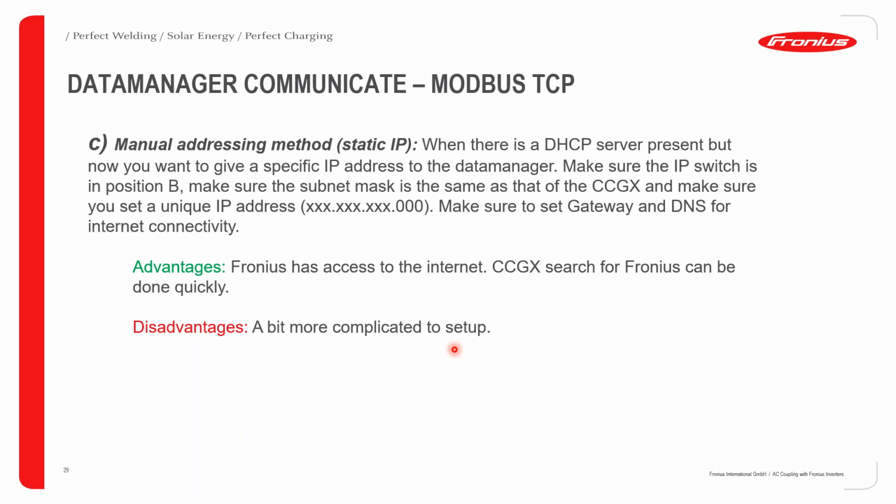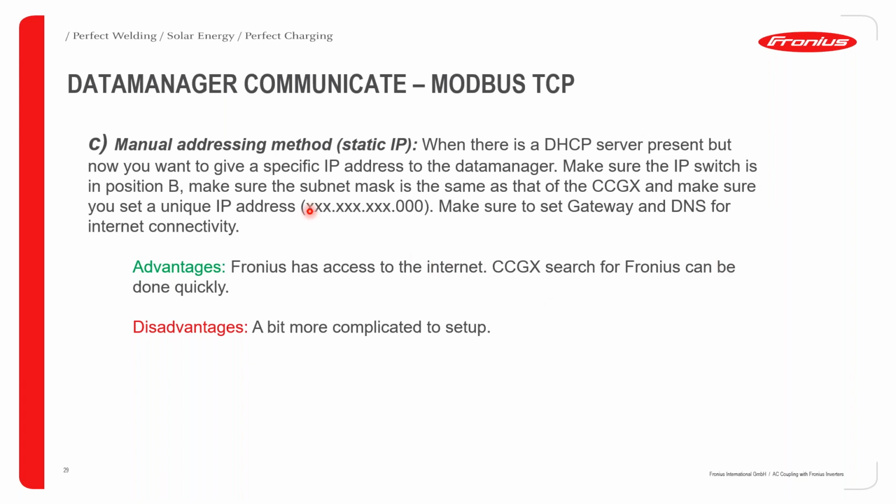The third way to make communication between the data manager and the SOLAR.WEB, and also give the data manager internet for sending data to Fronius SOLAR.WEB, is the static IP method. When you have a DHCP server but you want to give a specific IP address to the data manager, then you put the IP switch to position number P and make sure that the subnet is the same as the one within which the SOLAR.WEB is connected, because in this case the SOLAR.WEB is going to find the data manager within the same network.